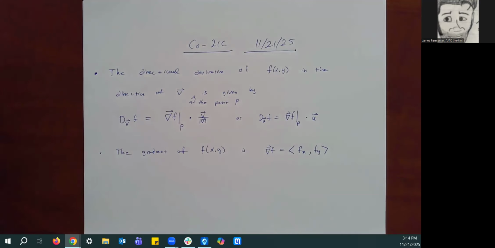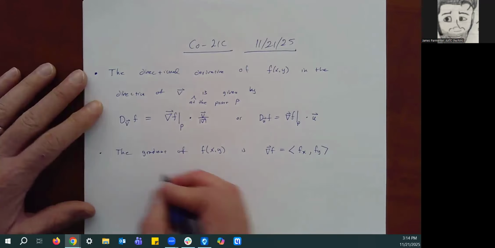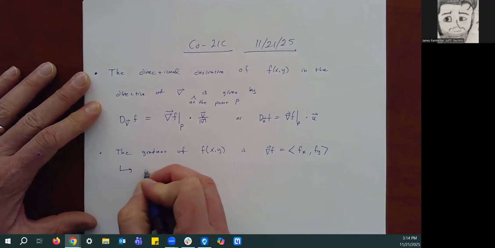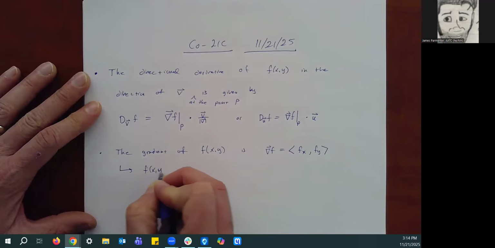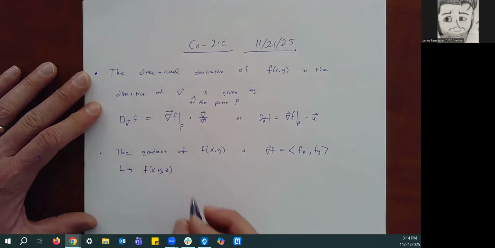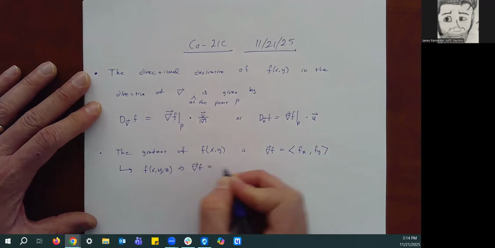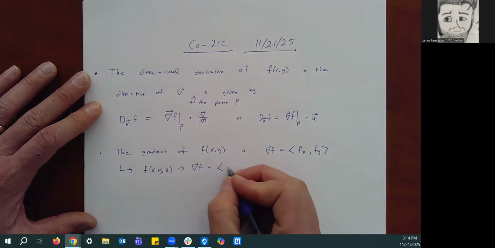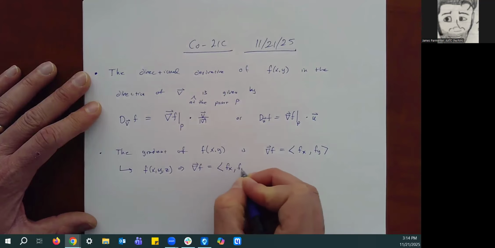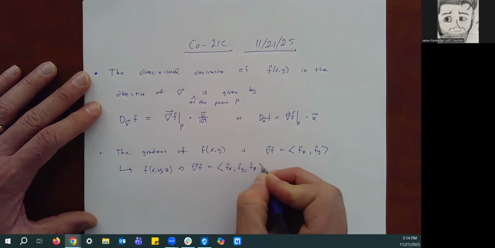So if you had a function of three variables, which you'll see in 21D, the gradient would be the partial of f with respect to x, comma, the partial with respect to y, comma, the partial with respect to z. Or whatever your variables happen to be, the gradient's just going to be the vector with that many components of partial derivatives in the appropriate order.